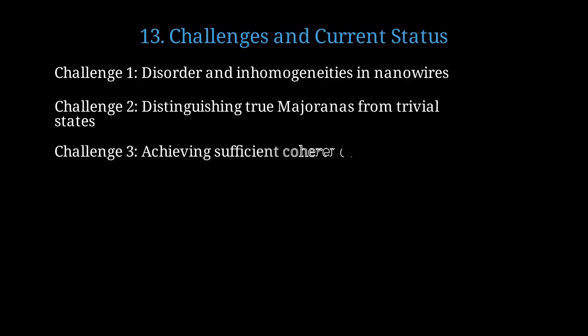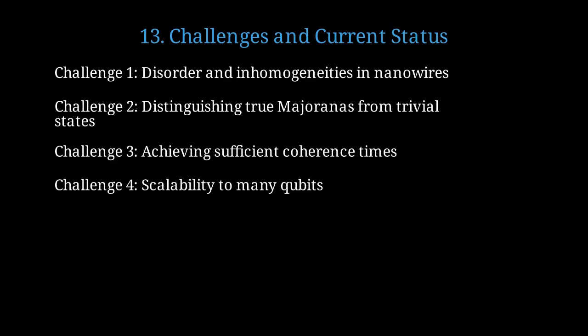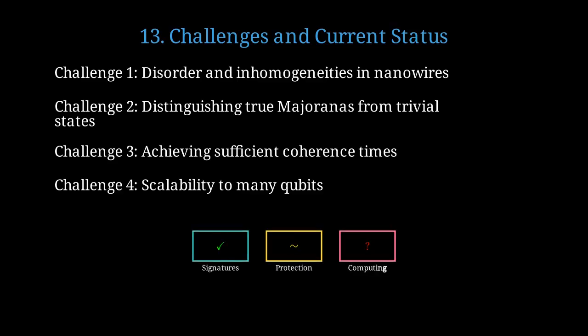Even if Majoranas are topologically protected, they still interact with their environment, limiting coherence times. Moving from demonstrating individual Majoranas to building arrays of interconnected qubits presents enormous engineering challenges. Progress map. Signatures are well established, topological protection is partially demonstrated, but fault-tolerant computing remains an open question.